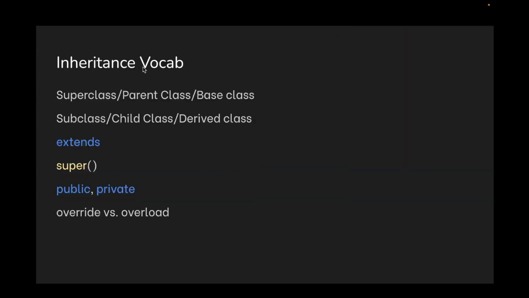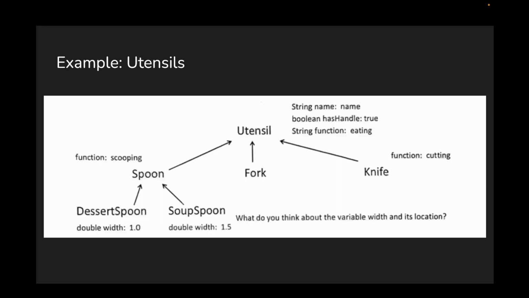Some other inheritance vocab is public and private, because we'll be dealing with a lot of access. So public and private, and then we also have protected. Protected is not on here, but that's something that we can look at. And then we have overriding versus overloading. These are two different things, two different ways to describe how we write methods. So we'll be looking at all of this. We already looked at the first two, but these next ones, we'll see how we can use those.